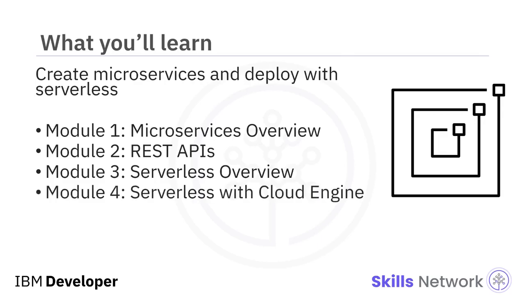In Module 4, you will work with CodeEngine, a serverless environment on IBM Cloud, to deploy, update, and scale microservices. And finally, in Module 5, you will complete a hands-on final project where you will demonstrate what you have learned throughout the course by creating an application based on microservices and deploy it using the serverless framework.